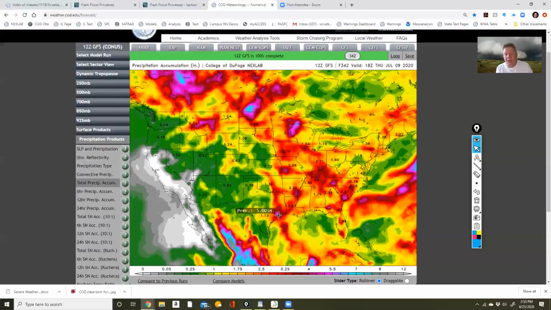Over here, we're looking at 5 inches of rainfall in East Texas. So we have the potential for a lot of rain. Southern California, it's that time of the year where it's dry. But even into Arizona, now we're looking at 1.22 inches of QPF, not PWATS, but actually forecast water. So it's going to get rainy, and that's what we're going to get into with the monsoon, and that's where we're going to go as we go into fire weather.